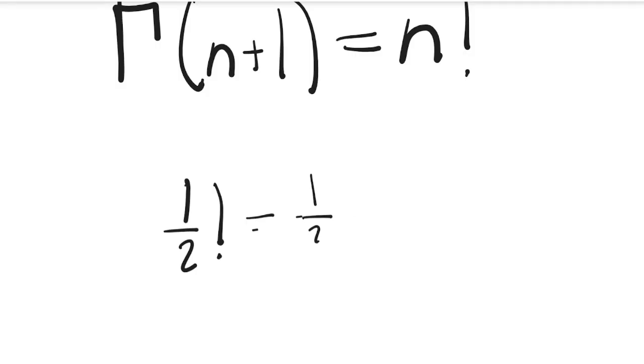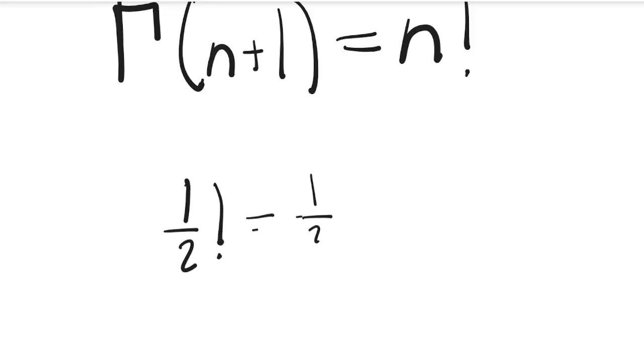But we will be able to do this by putting this into the gamma function, and 1/2 factorial will be gamma of 1/2 plus 1, which is gamma of 3/2.